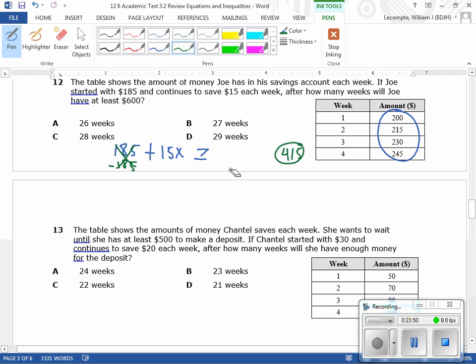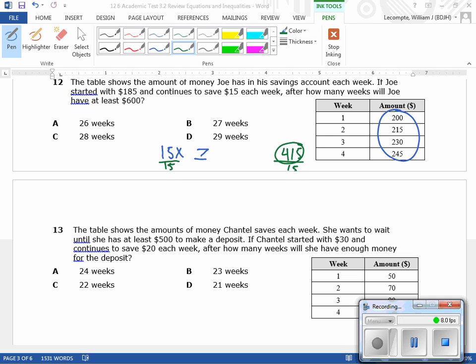So I'm going to divide both sides by 15, and I get 27.6 something, right? So if I work 27 weeks, I won't make enough money. So I have to round up and actually work 28 weeks.